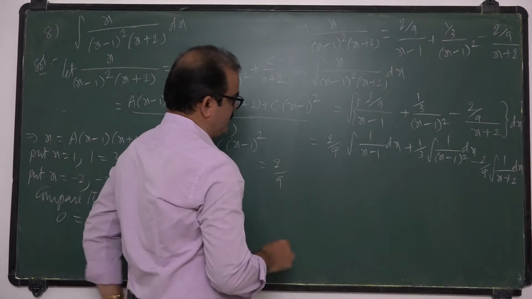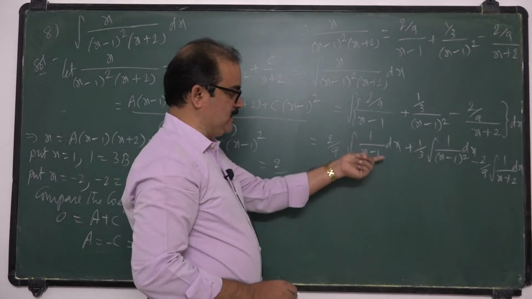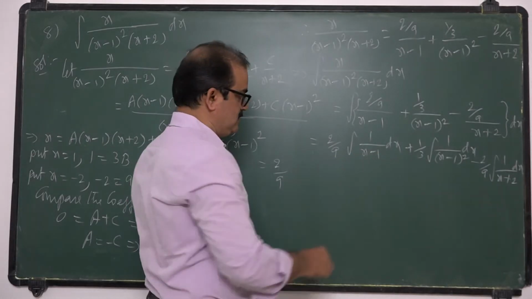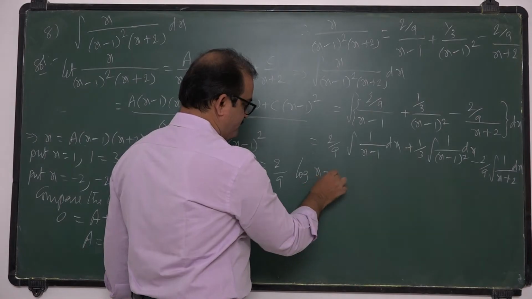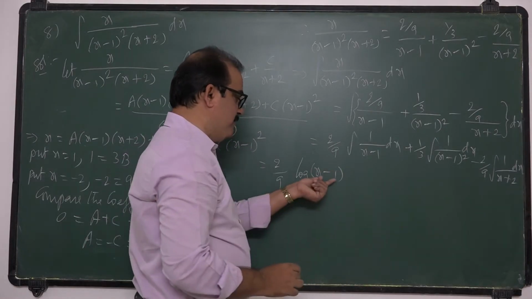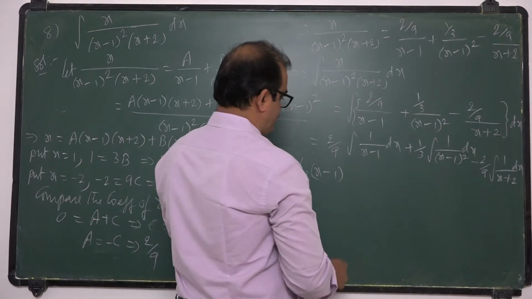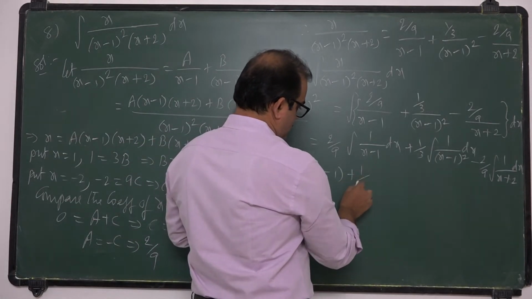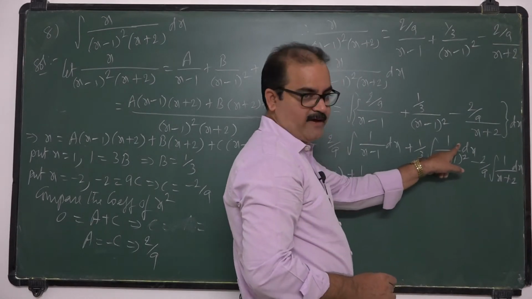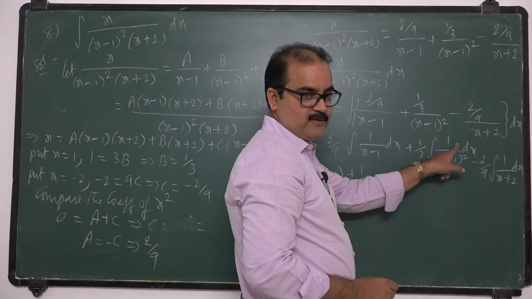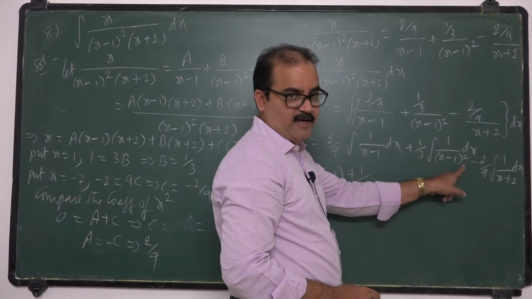2 by 9 into, it is in the form of integral 1 by x dx. Integral 1 by x dx is log x. So its integration is log of (x minus 1) by the derivative of (x minus 1), that is 1. Plus 1 by 3 into, you write it as (x minus 1) whole power minus 2, and apply the formula integral x power n into dx.